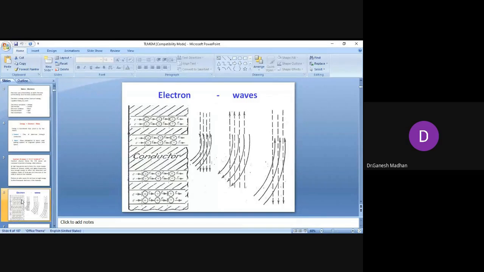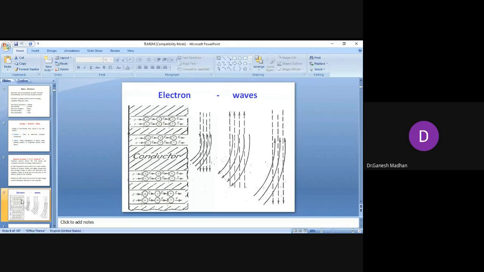So if you see this diagram, as we all know, conductor has a number of free electrons. So the motion of electron leads to current. And if there is a discontinuity, so there exists a field.